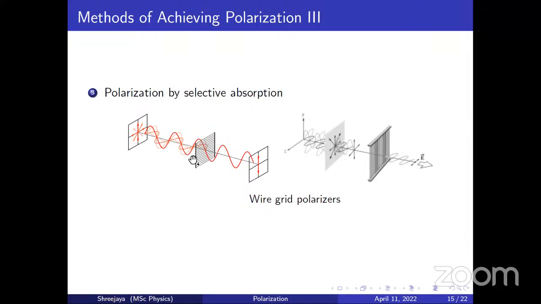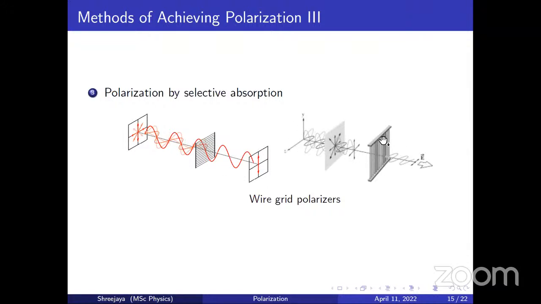This is vertical. So the transmission axis of this will be vertical, even though the wire grids are parallel. So the transmission axis is vertical. That's why only the vertical component is getting transmitted.